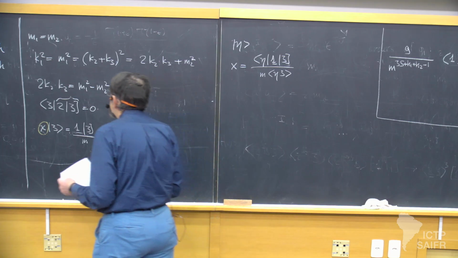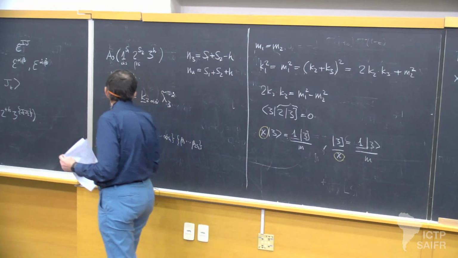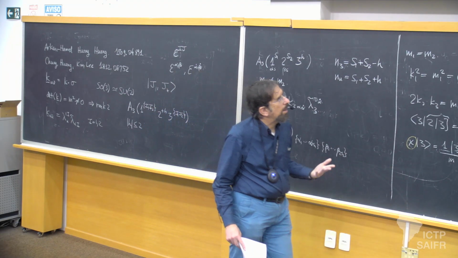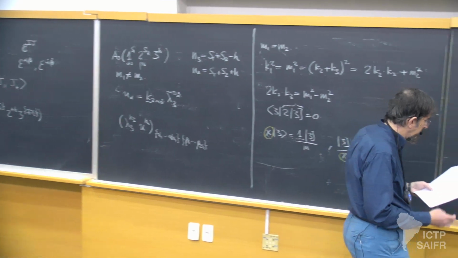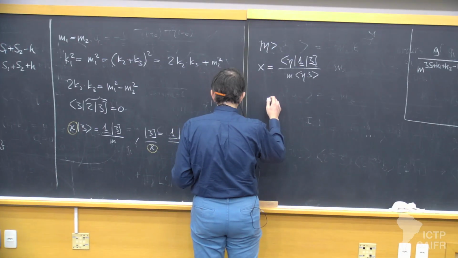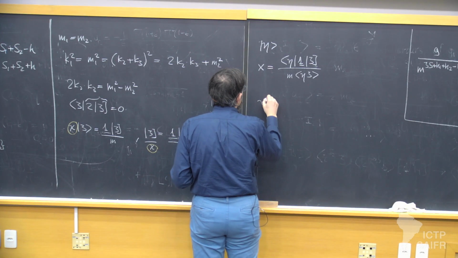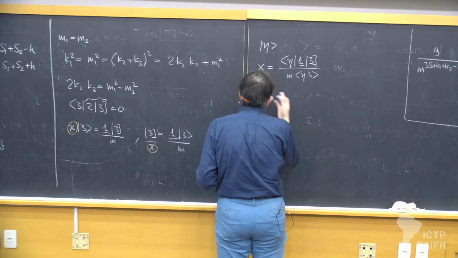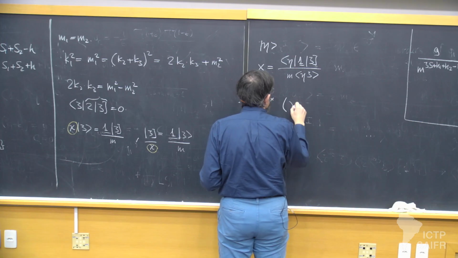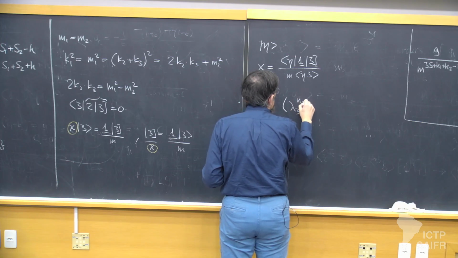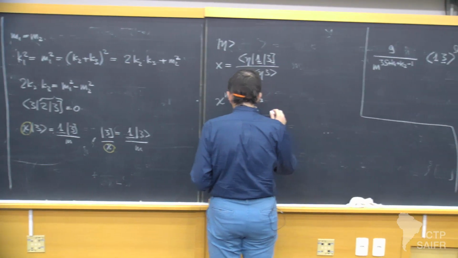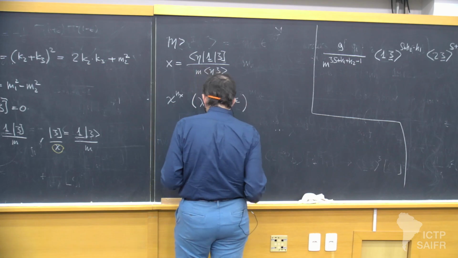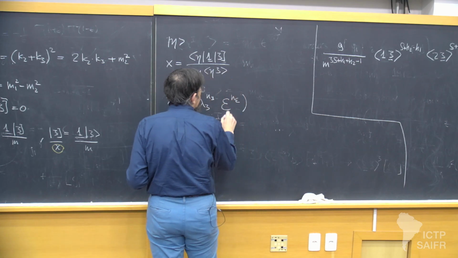So we have one object that carries SL2C indices. The only other object that we have that we could possibly play with is the epsilon tensor, the invariant tensor. So now we can write down some expression, some powers of this x. We'll write down some number of powers of lambda 3, and then some number of epsilon tensors. So this object now carries 2 indices.